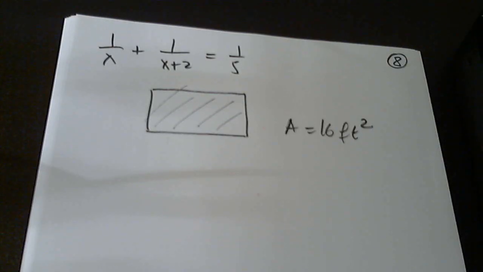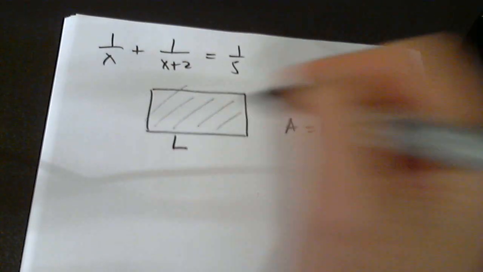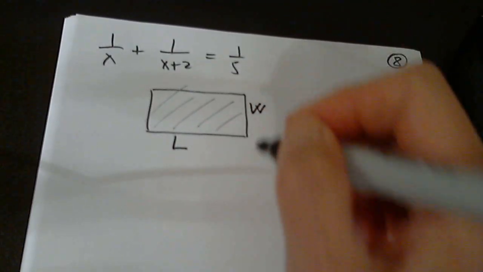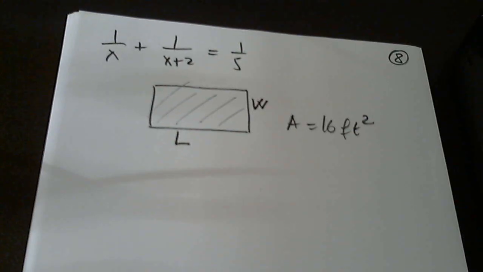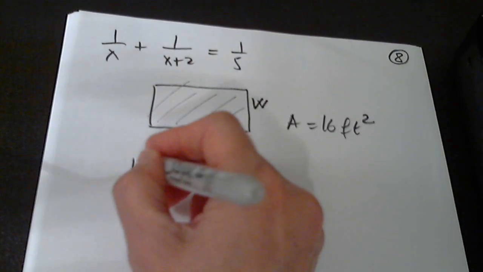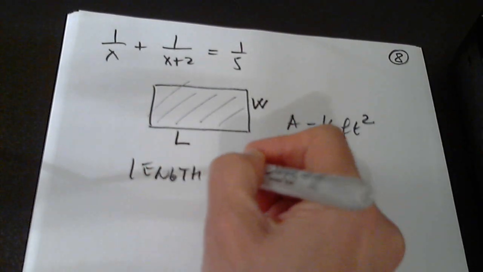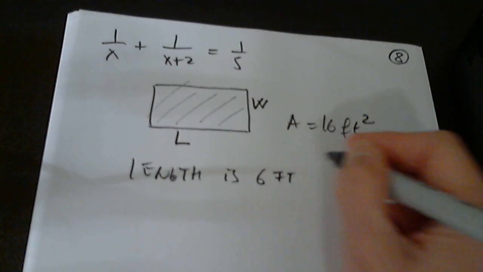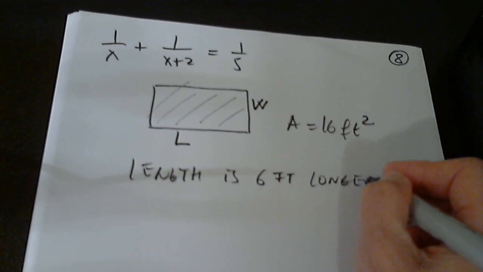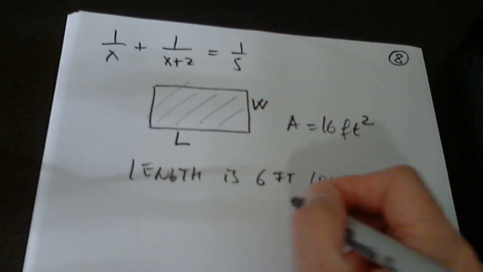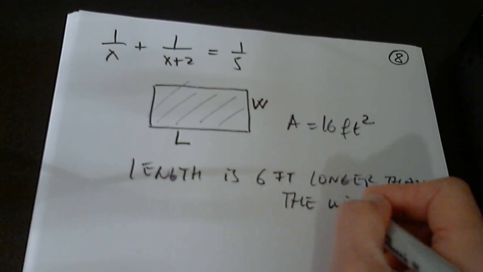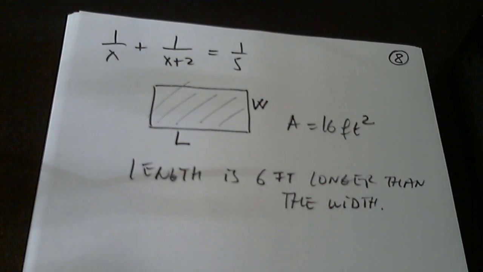Find the two dimensions. So its length, I'm going to call it L. Its width, I'm going to call it width. It says that the length is 6 feet longer than the width. How do I write this equation?